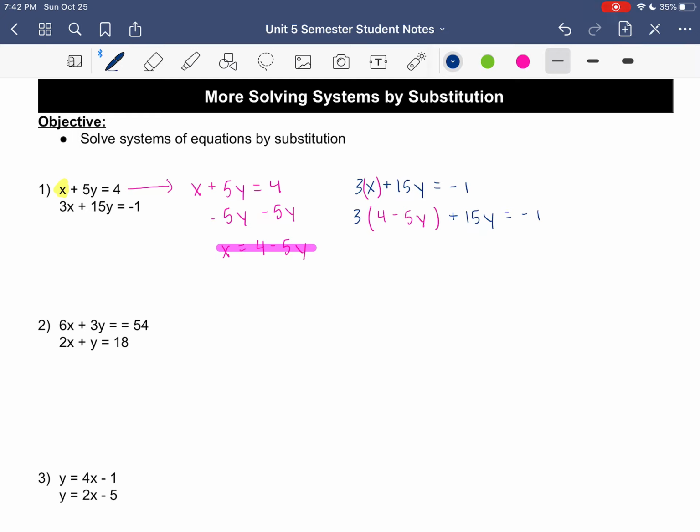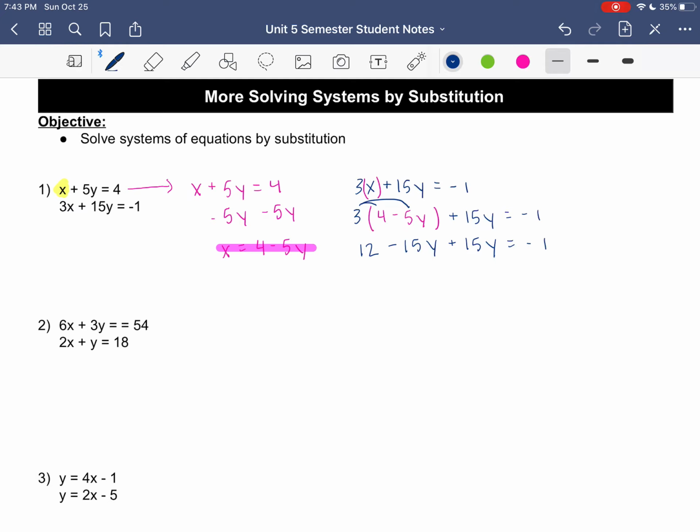And now this is an equation that just has one variable, just the y, so we're going to get y by itself. I'm going to start by distributing that 3 to everything in the parentheses. 3 times 4 is 12. 3 times negative 5y is negative 15y. Still have that plus 15y equals negative 1. So now, next kind of logical flow for solving equations would be to combine any like terms.